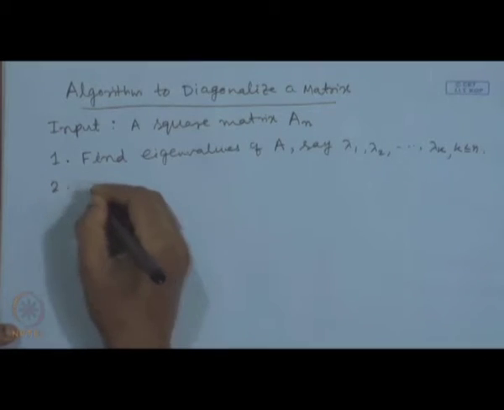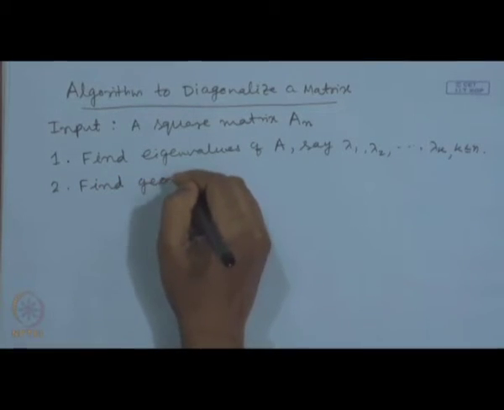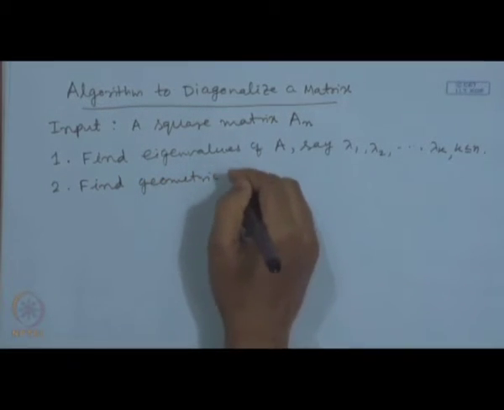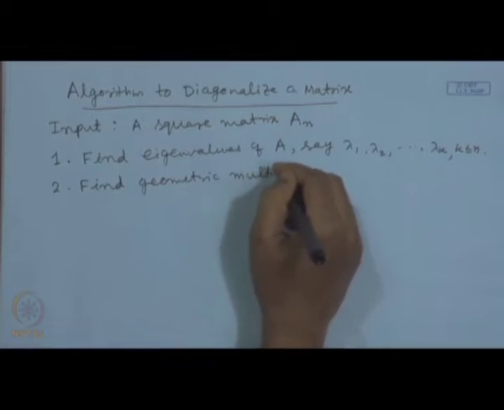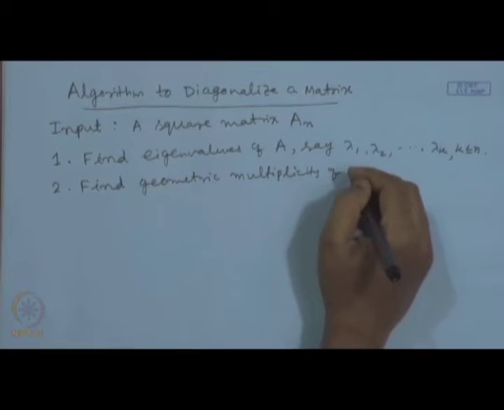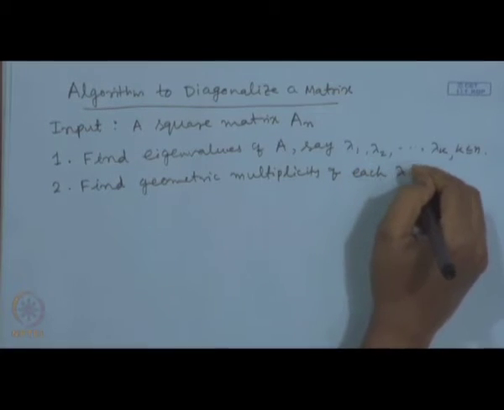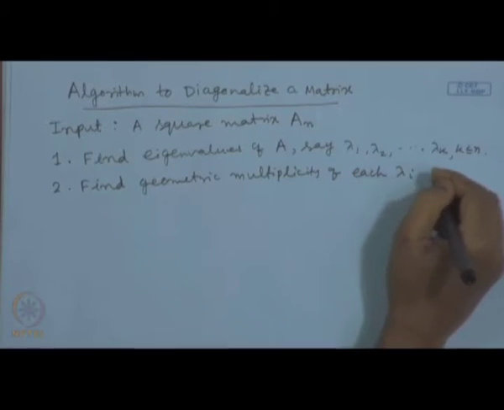Then the second step is we find the geometric multiplicity of lambda i, for i from 1 to k.